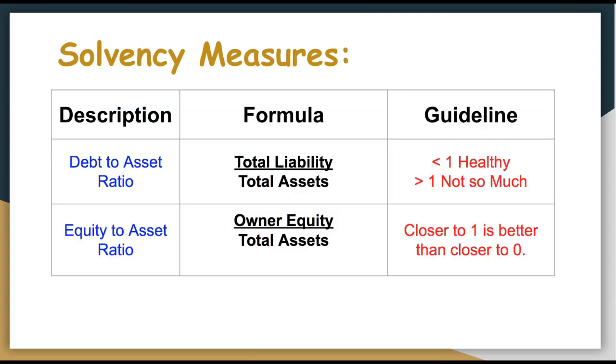Okay. The solvency measures, I'm just going to have you calculate two, but there's more. And if you find a couple that actually work for you and make more sense to you, go for it. The debt to asset ratio, that's total debt, total liability, over total assets, okay?